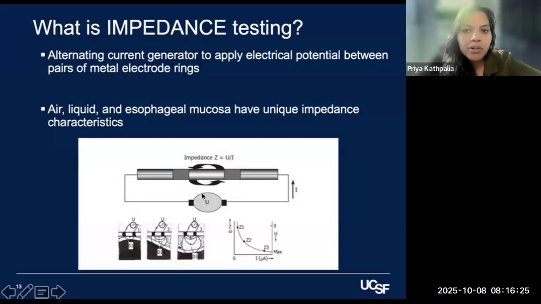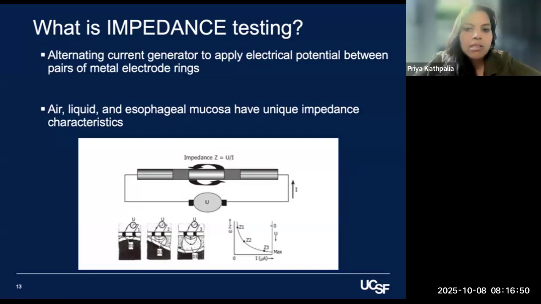And the electrical current loop can be closed through conduction of electrical charges by the surrounding material that's bridging these two metal electrode rings. Air, liquid, esophageal mucosa have unique impedance characteristics, and so they allow the definition of which material resides between each pair of electrodes.